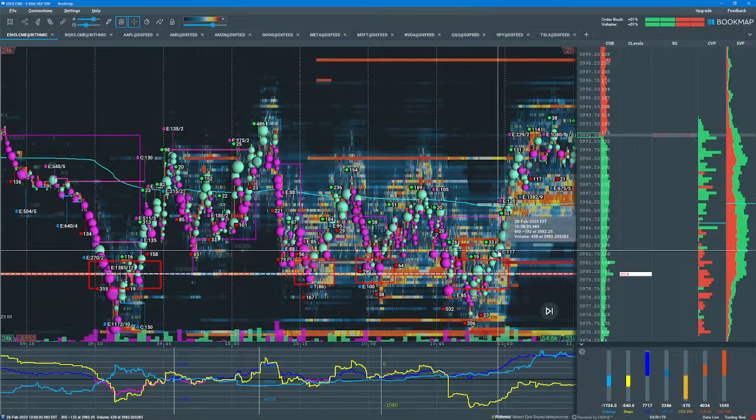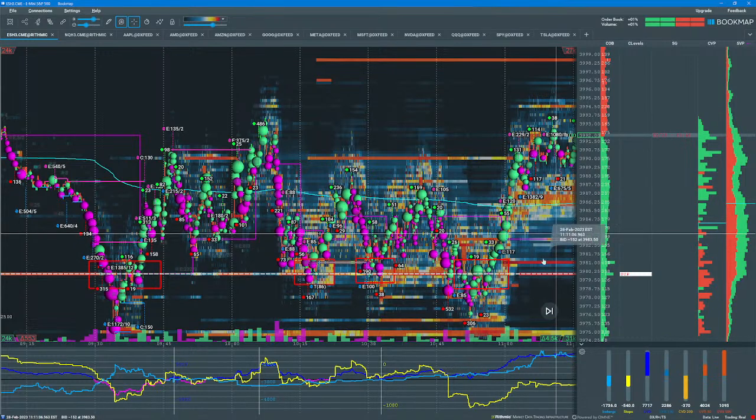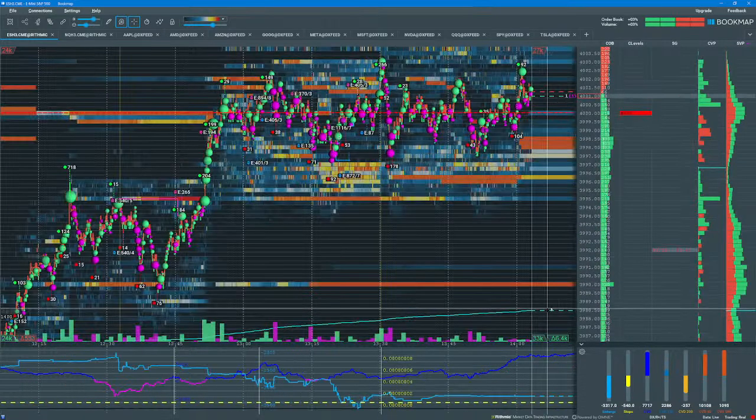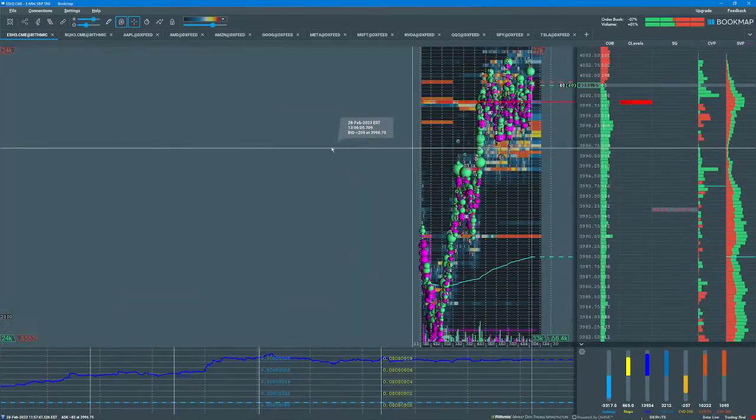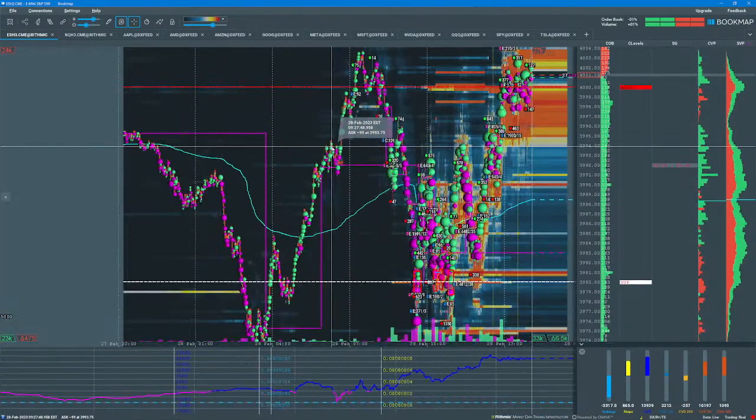That's the volume profile for all the data that I have, and I'm using the backfill data, so I have S&P 500 going back to the open yesterday afternoon.